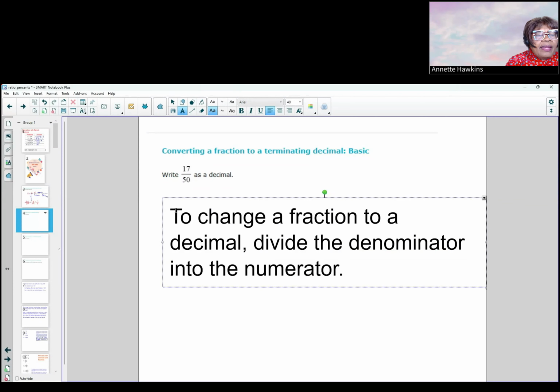Okay, and this is a terminating decimal. Terminating means that it ends. Okay, so we don't have to do any rounding here. So to change a fraction to a decimal, divide the denominator into the numerator. So let's do that.